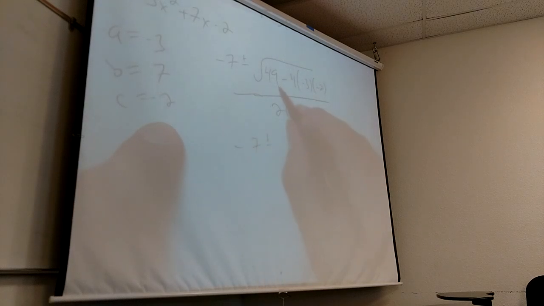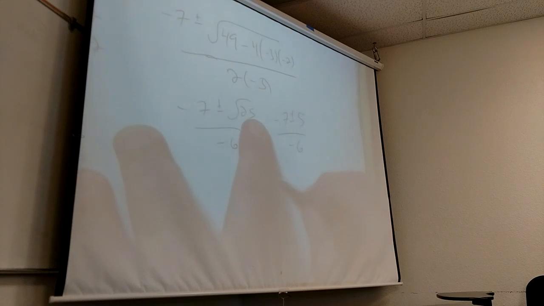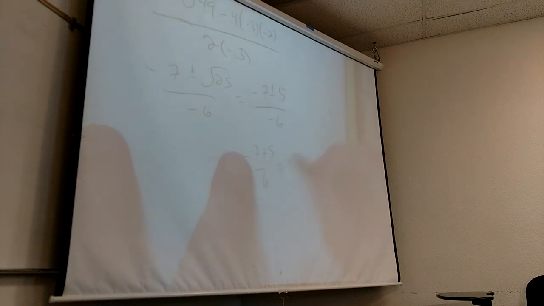I still get 49 minus 24, so I still get 25 there. Negative 7, give or take 5, all over negative 6. And if you do it, you'll get the same answers. What's negative 7 plus 5? Negative 2. What's negative 2 over negative 6? Positive 1/3, which is the positive 1/3 we got there.